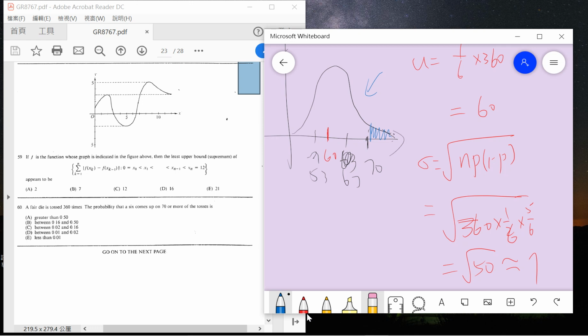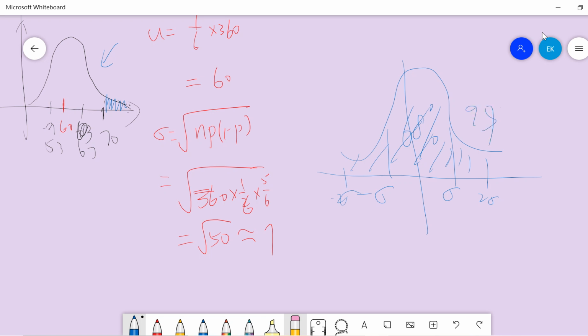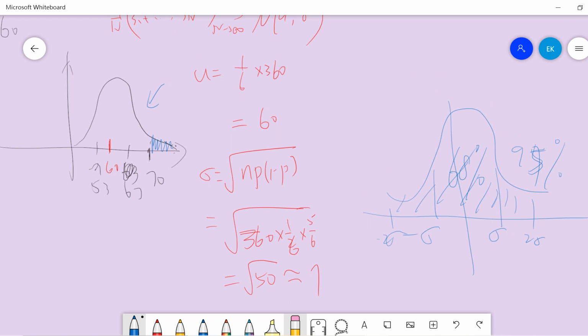All you need to know is another fact: for a Gaussian variable, within the first standard deviation there is 68% of the data, and within the second deviation there is 95% of the data. So that means from here to here we have 68%, right?